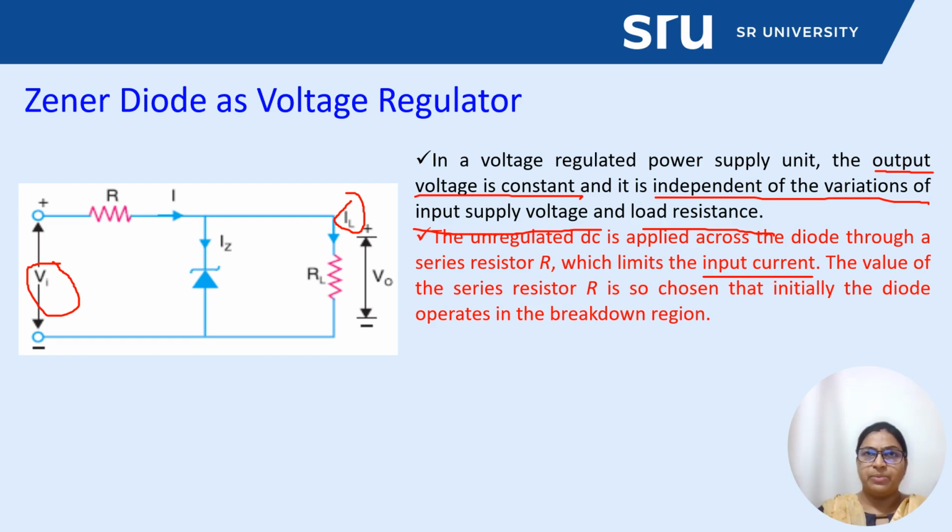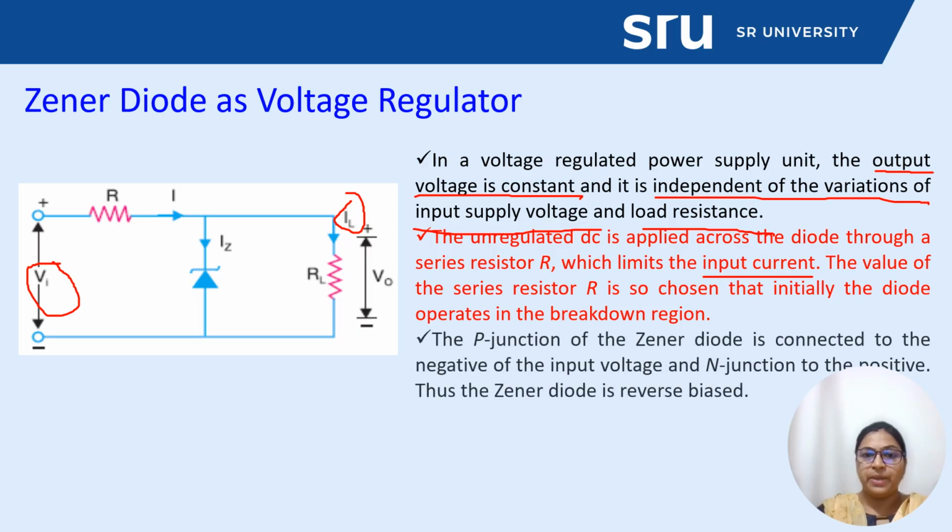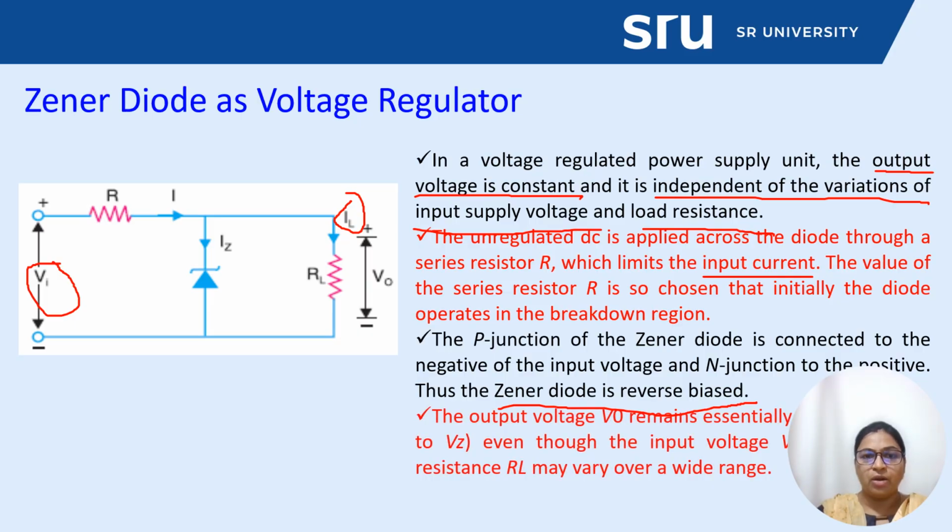Initially the diode operates in the breakdown region. The P junction of the Zener diode is connected with the input voltage negative because it is in reverse bias, and the N junction is connected to the positive, so the Zener diode is reverse biased. The output voltage Vo will be very constant and independent of whatever input voltage we give, and RL may vary over a wide range depending on the need.